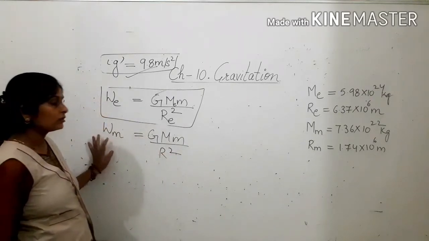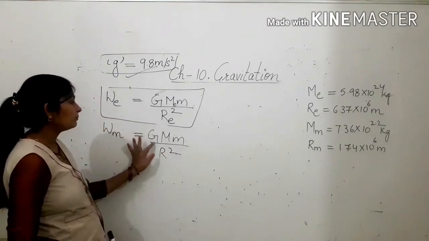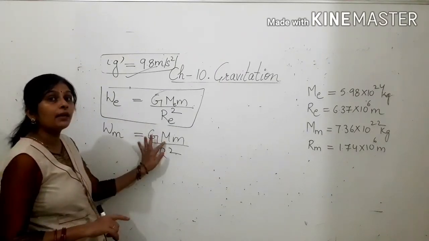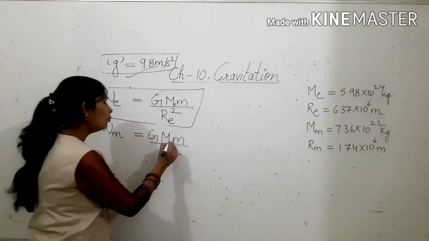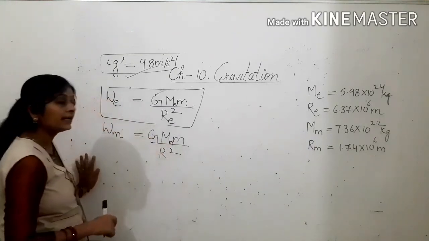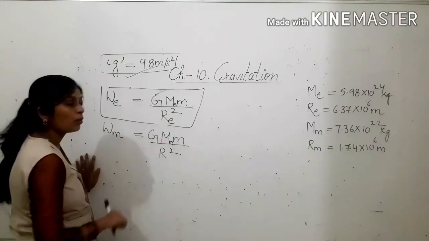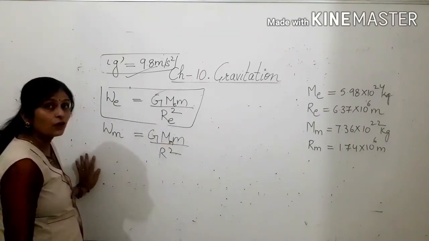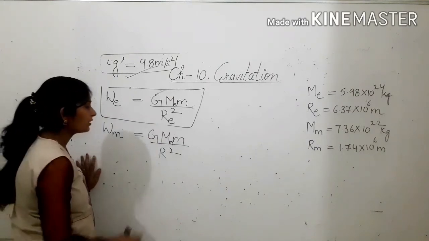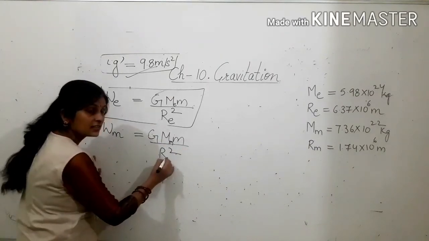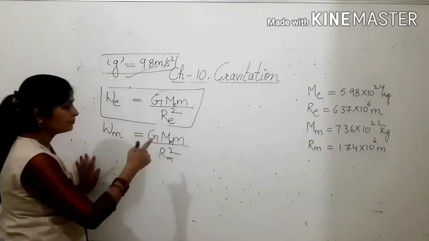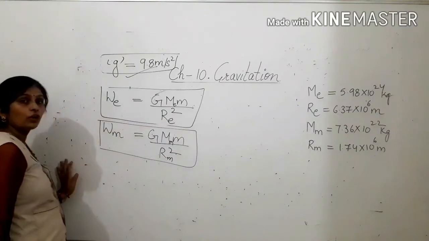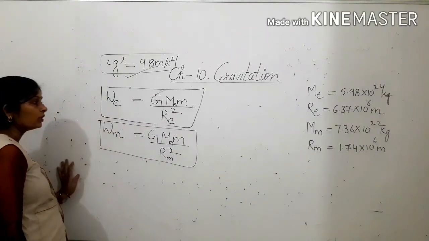Weight of the object on the surface of moon is equal to G, gravitational constant, capital M. Here capital M means mass of the moon, so I am writing capital M, small m. And this small m stands for mass of the object, upon radius of the moon Rm square. So this is the weight of the object on the surface of moon.